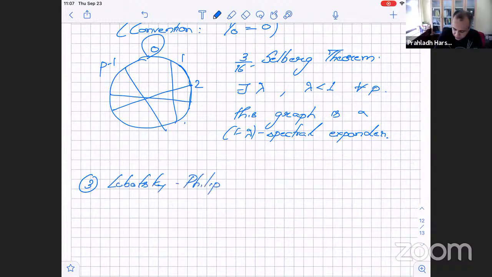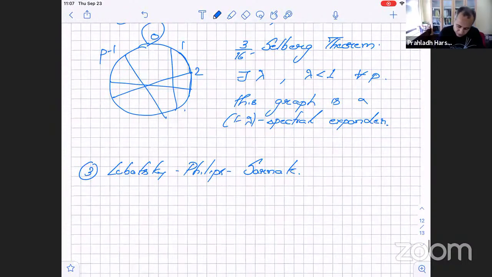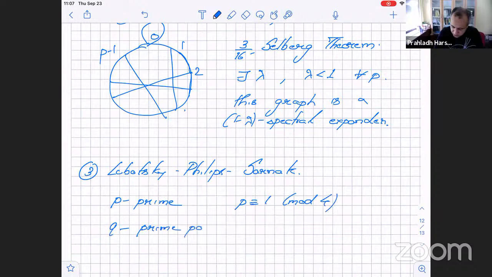This is a very celebrated expander graph, Sarnak. And it goes this way. Let P be some prime, so that P is 1 mod 4. Q is some prime power. The only restriction on Q is that Q should not be equal to P. It could be P to the K, but it's some prime power.